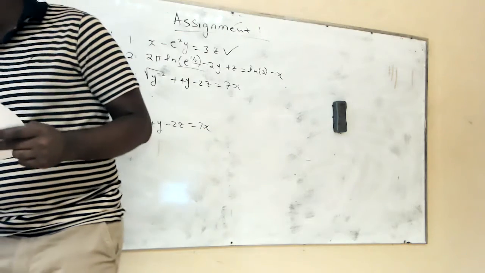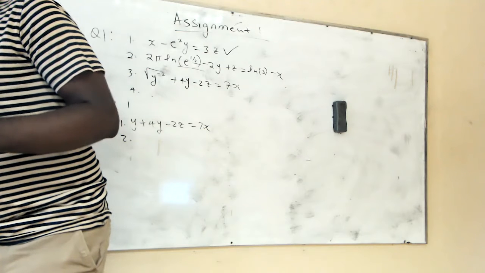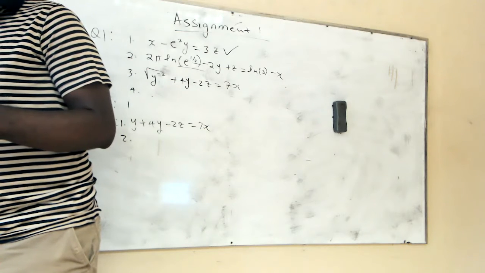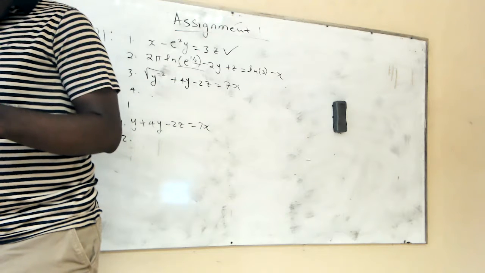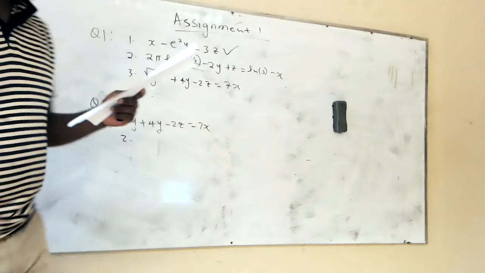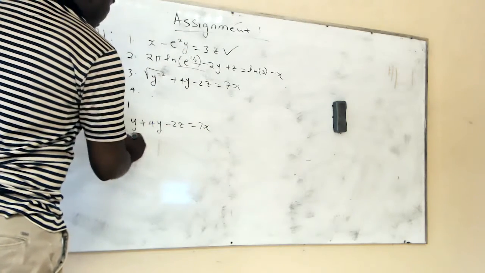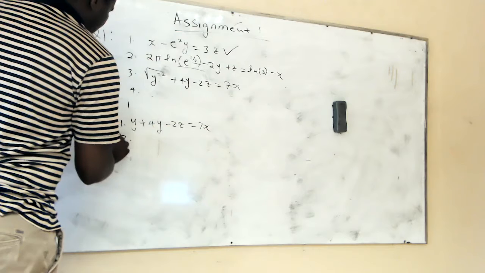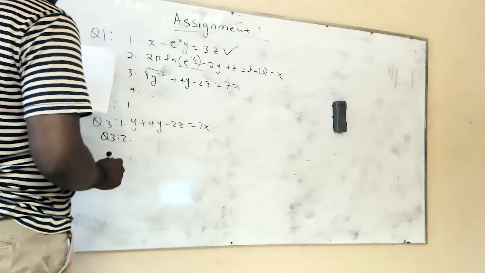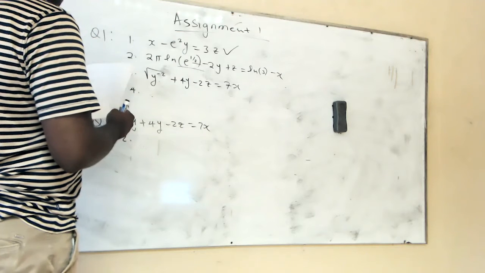So 2 is a non-linear term. Is it option 2? Let me check. Yes, option 2 is the one which is non-linear. And then option 3 is linear because x, y, z do not have exponents other than 1.